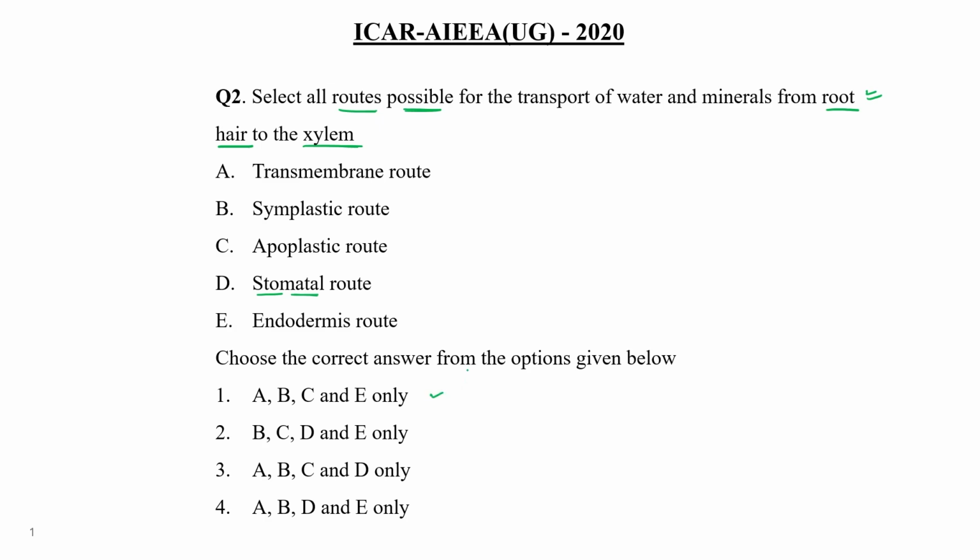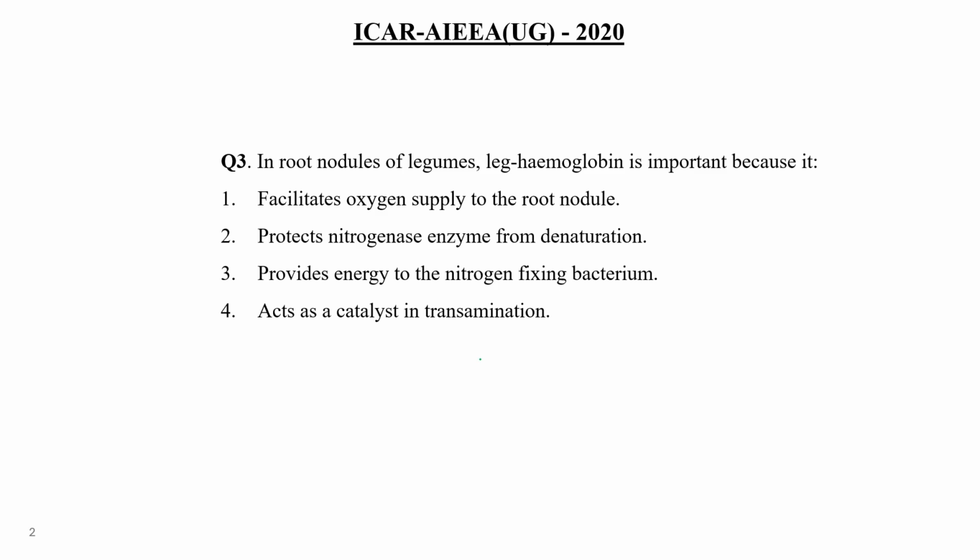Right? Okay. Now let's move to the next question. Question number 3. In root nodules of the legume, a pigment known as leghemoglobin is present. What is the importance of this leghemoglobin?